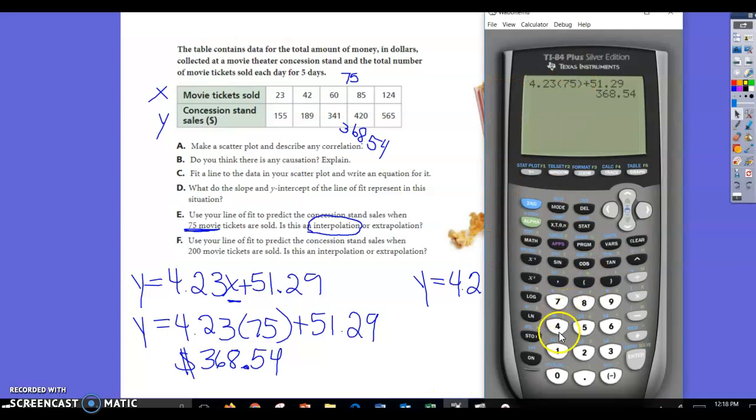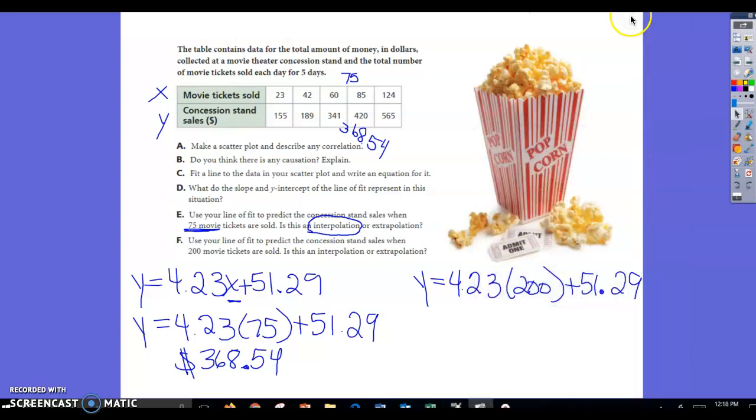So we're going to have 4.23 times 200 plus 51.29, which is 897.29.